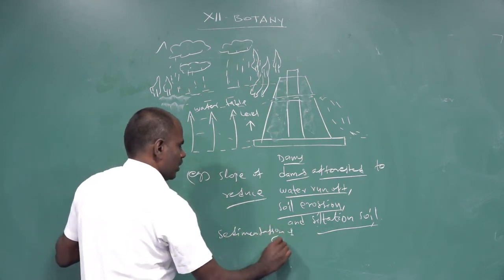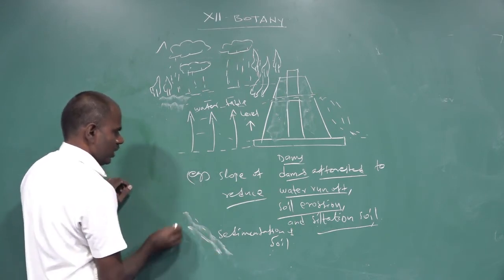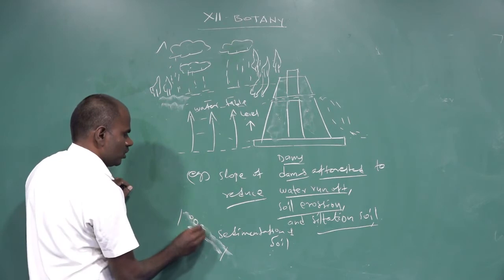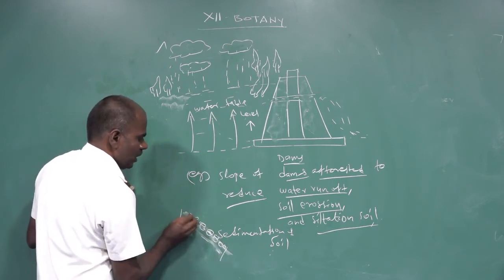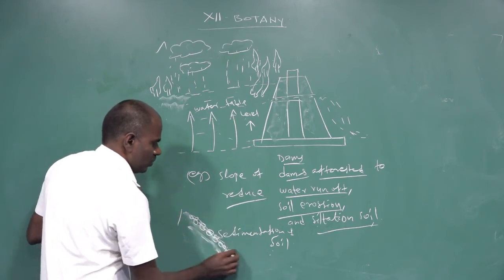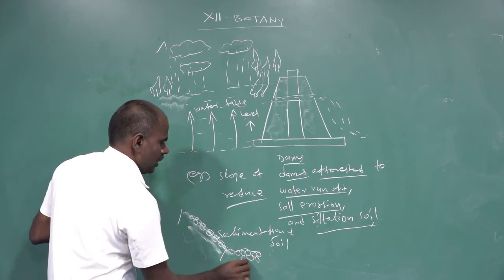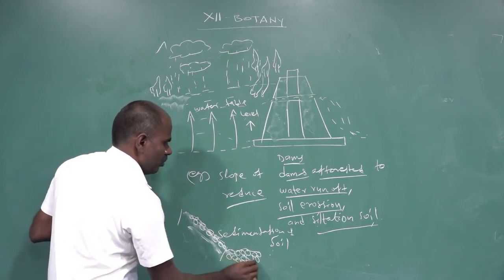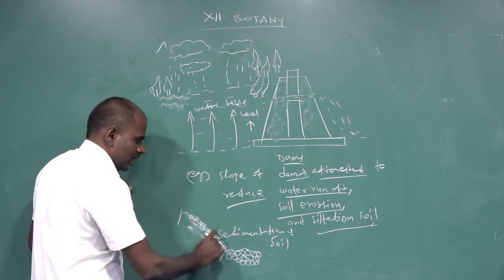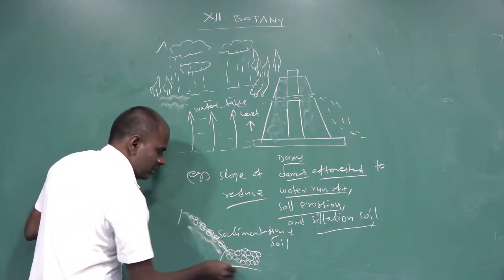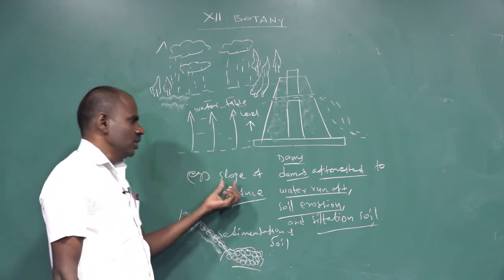Runoff waters move from higher regions to lower regions, and top soil also moves with the runoff water, causing sedimentation of soil particles in the bottom regions. It involves the slope of dams.